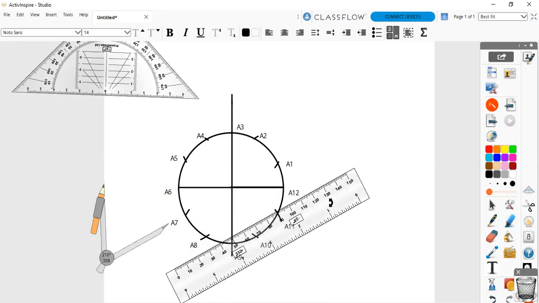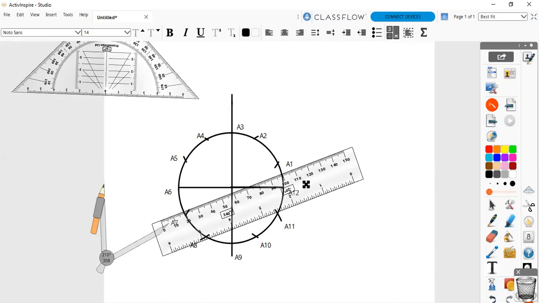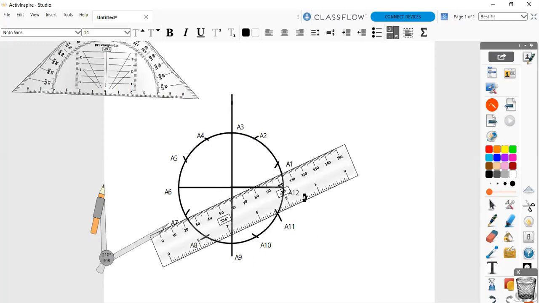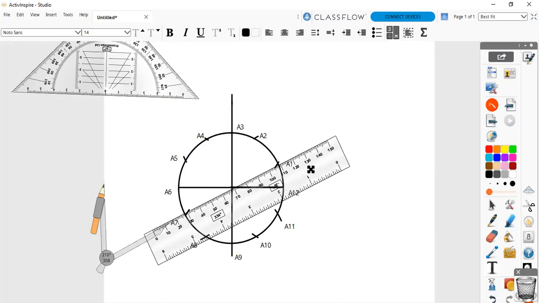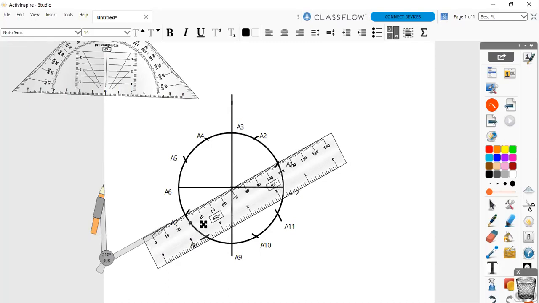So how we are going to do it is you have to use this ruler, and this ruler must pass through the center, and it will join this point A1, center point, and point A7, as you can see over here.